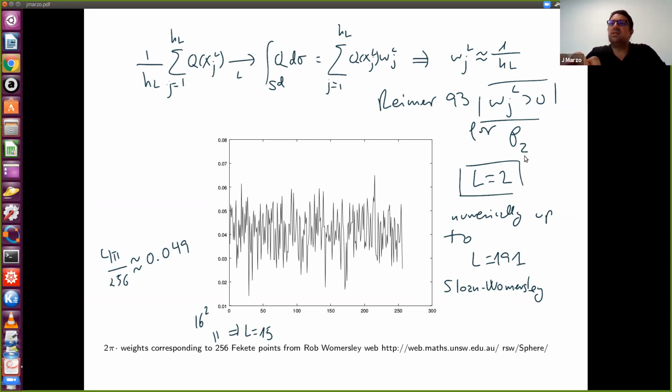Okay, so this is L equals 2. This is actually a paper, and some things have to be computed there to prove it. So it's a very difficult problem, and it's kind of annoying that it's so hard to say something about even the positivity of these weights.